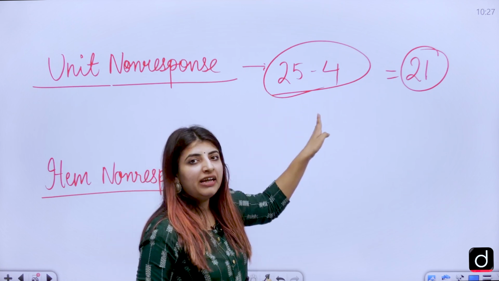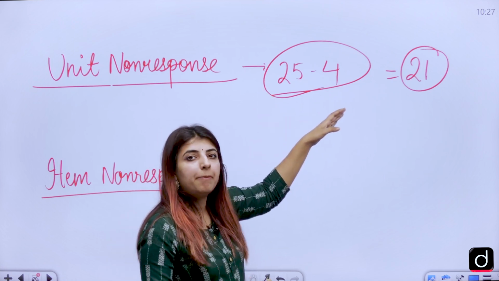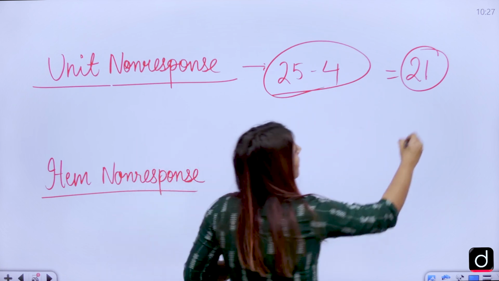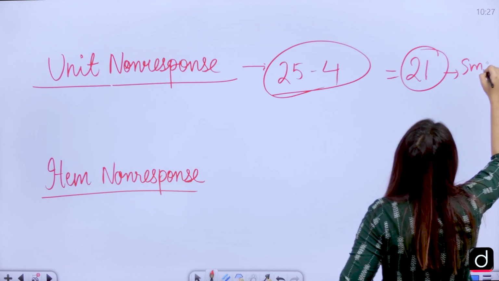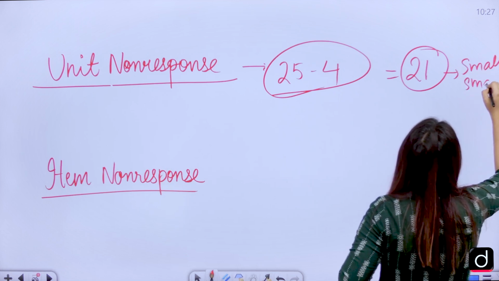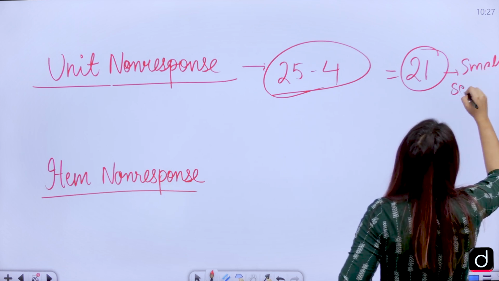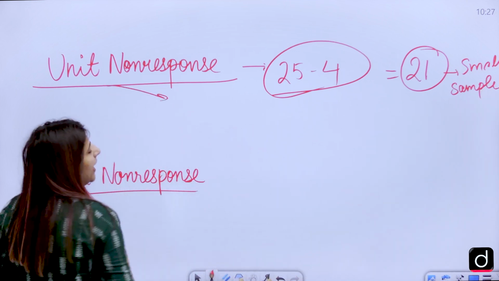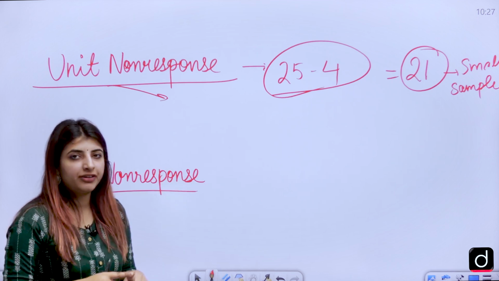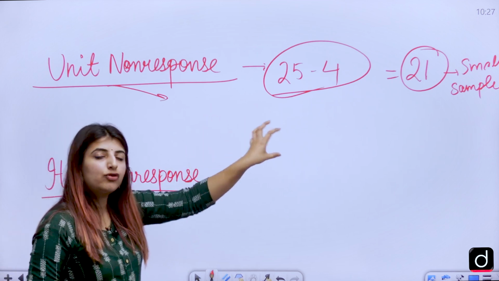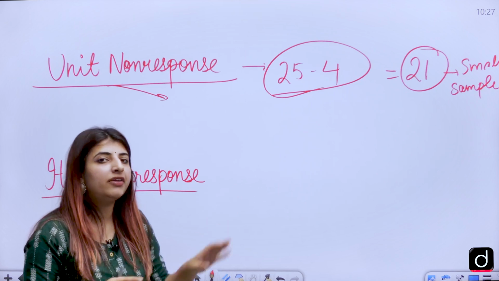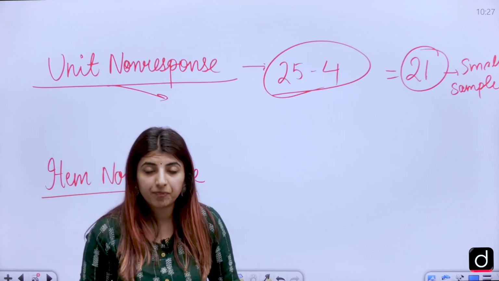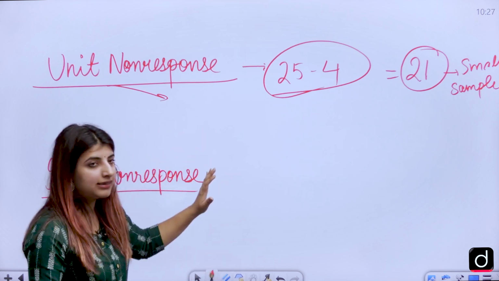But out of those 25, 4 of them backed off, so I'll be left with a smaller sample. So here, the unit is non-responsive. The units that I have chosen did not respond. They did not even participate in the research as a whole, so they did not even answer the questions.